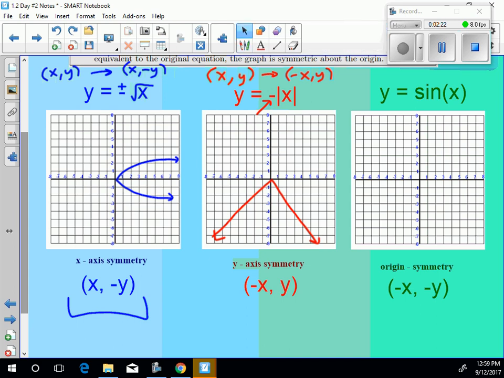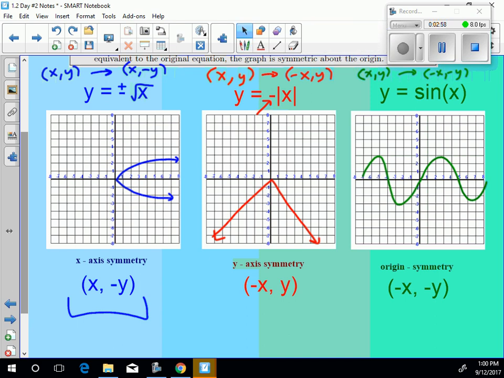And then this one's funny. If you have a point (x, y) and this relation, in this case it is a function, has origin symmetry, then there's also a point (negative x, negative y). The sine function, not drawn to scale, looks something like this. You may have seen this last year, but maybe not. Did you? A little bit at the end? No? Okay, a little bit of trig.